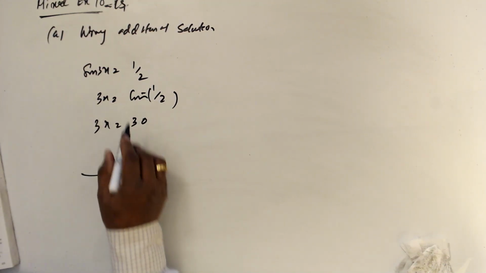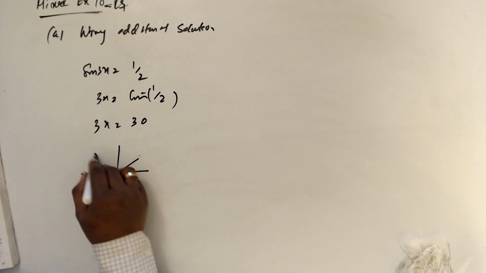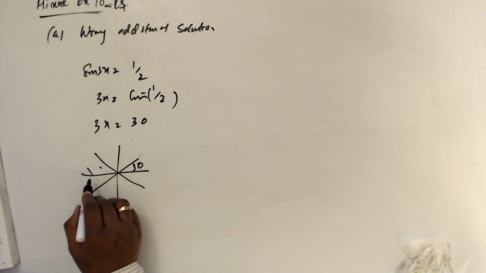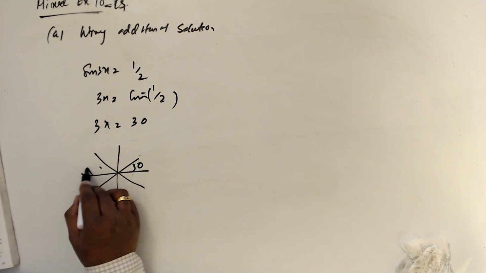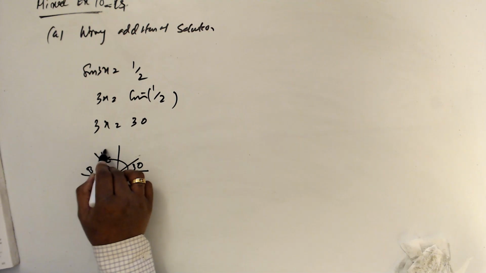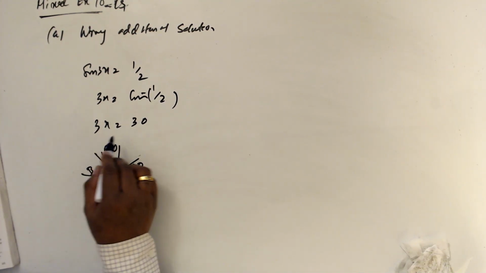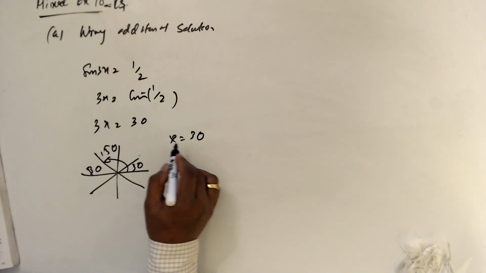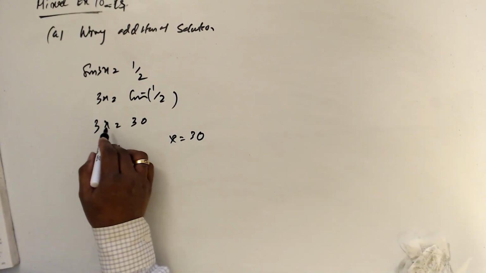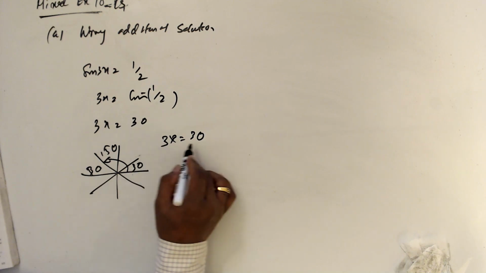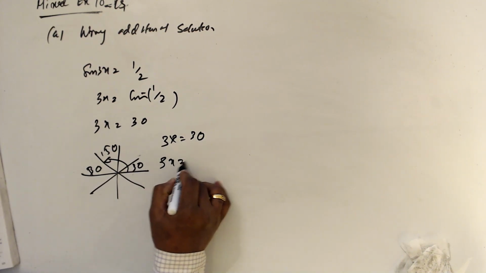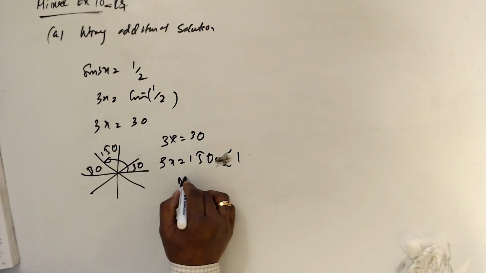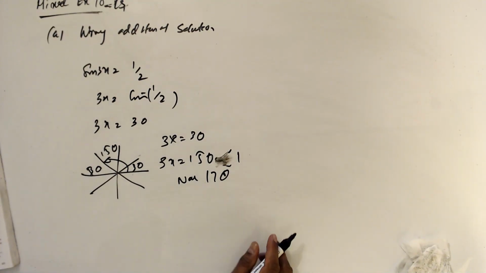Now what will happen? Sine is positive in the first and the second quadrant. This is 30, this is 30, so this angle is 150. So the first solution is 3x equals 30, and the other has to be 3x equals 150.